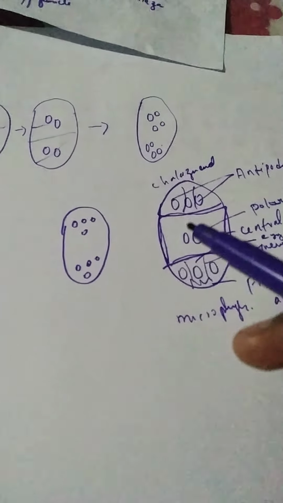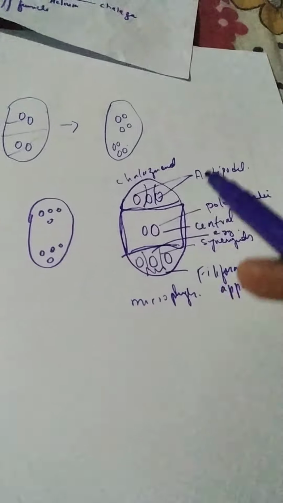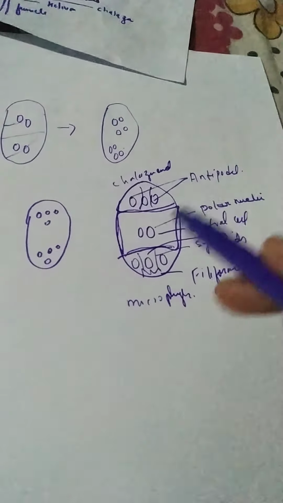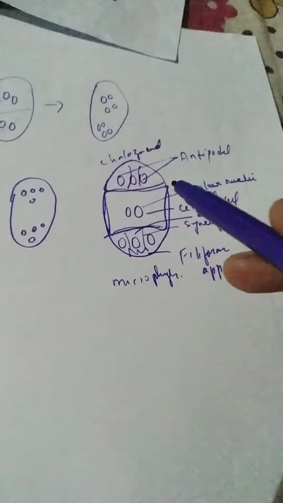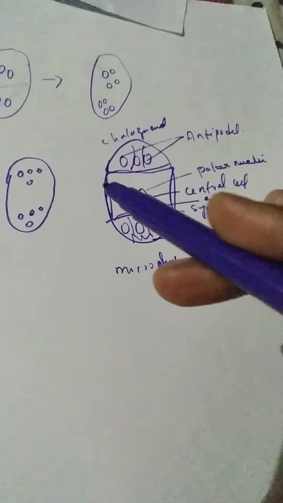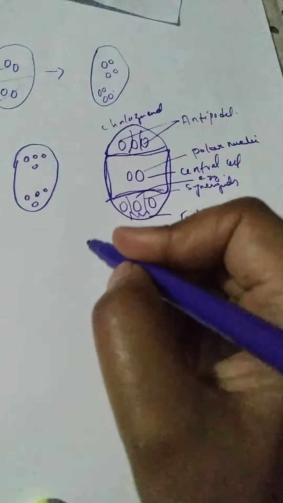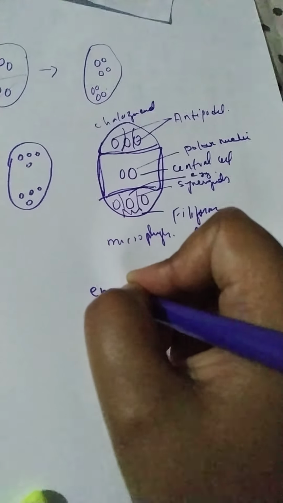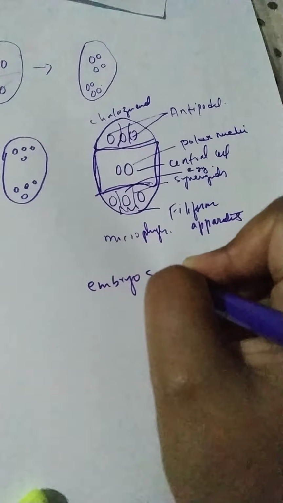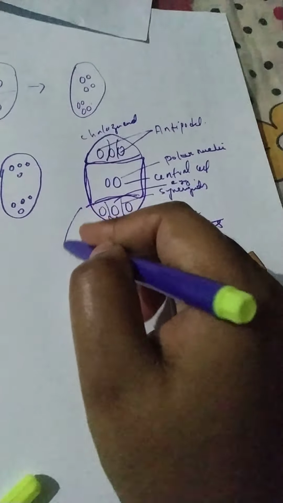This is from the megasporogenesis in the ovule. In this ovule the female gametophyte is developing, and it is known as the embryo sac.